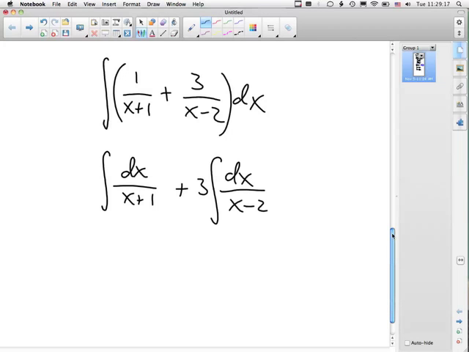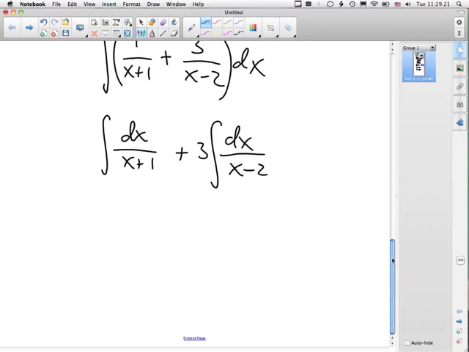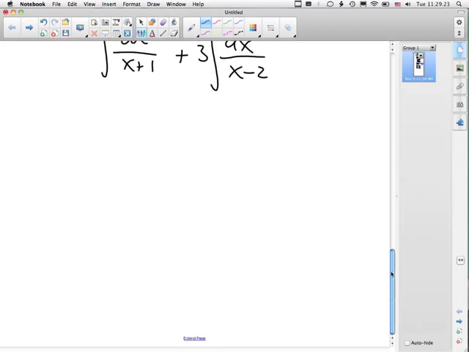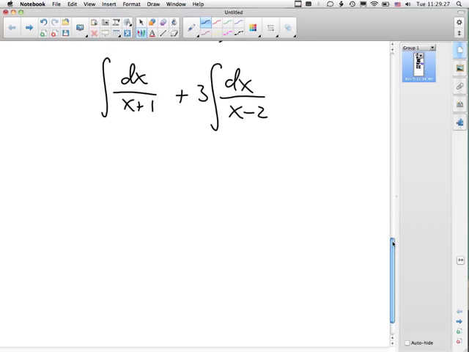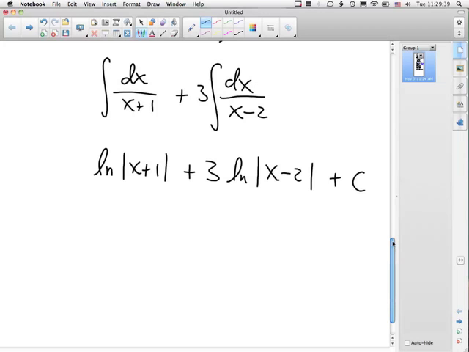So I can integrate each of those two things separately. And you would technically do them with the u sub. U equals x plus 1 for the first one, u equals x minus 2 for the other one. But I know that that's going to be log of the absolute value of x plus 1 plus 3 times the log of the absolute value of x minus 2 plus c.